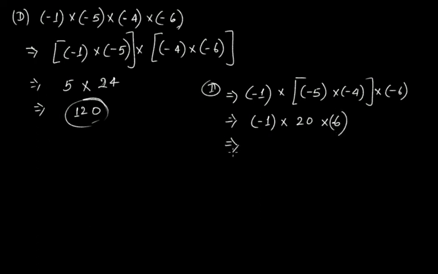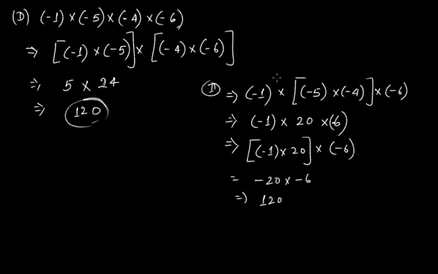Now what? Now you can group together minus 1 times 20 and then minus 6. This will give you minus 20 times minus 6, and this will give you plus 120.